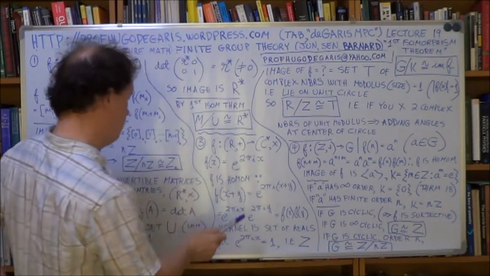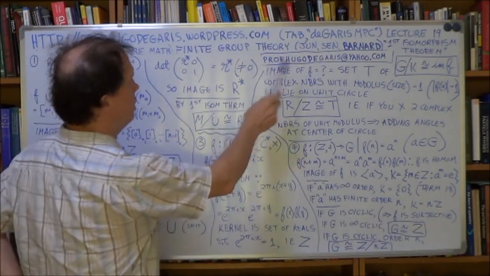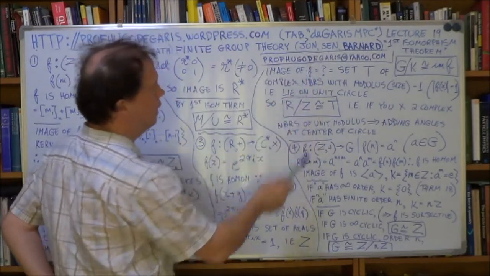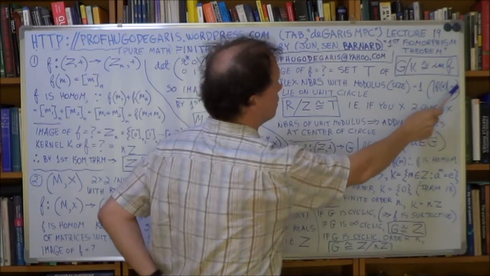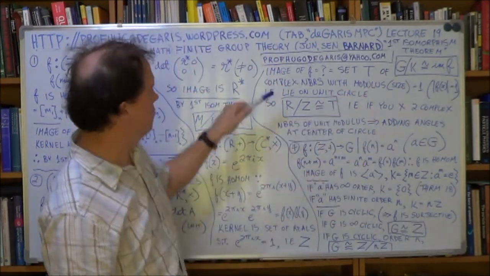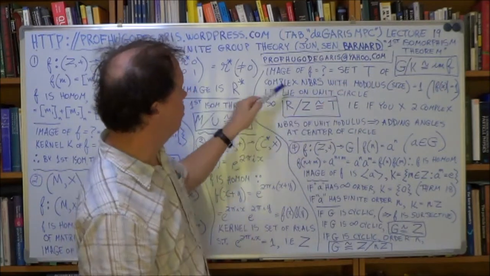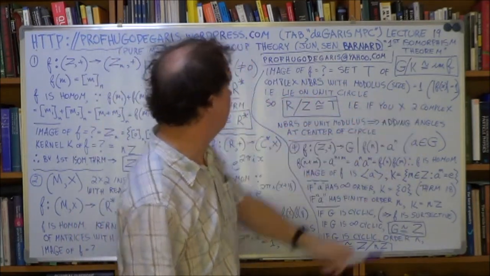So your image, the set of all possible different f's, is just all the complex numbers that have a modulus equal to 1. Let's call that set T. So T is the set of all complex numbers with modulus, in other words size, equal to 1.